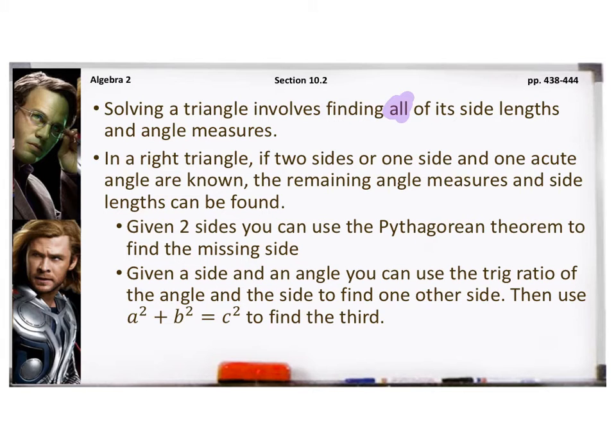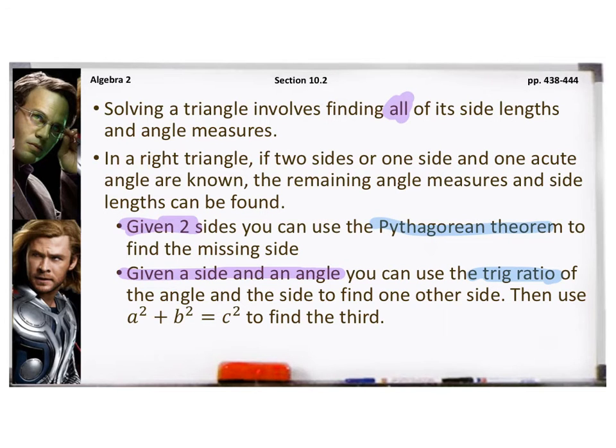If you are given 2 sides, you can use the Pythagorean theorem to find the missing side. Given a side and an angle, you can use the trig ratio of the angle to find one other side, then Pythagorean to find the third side.